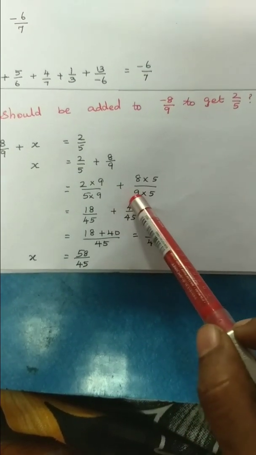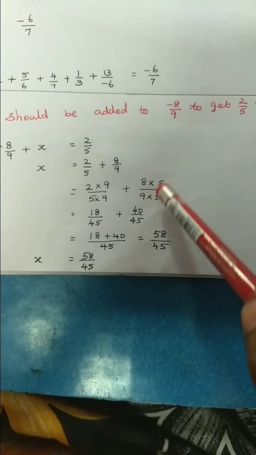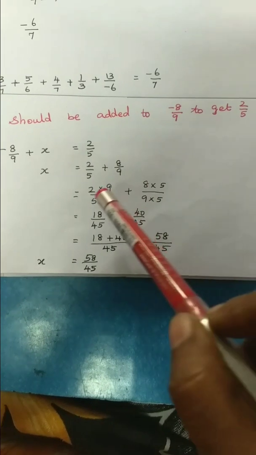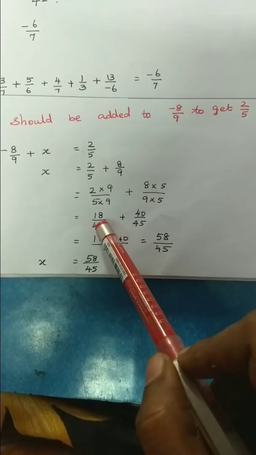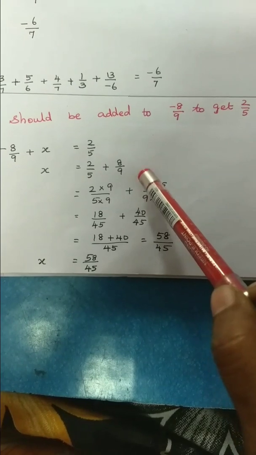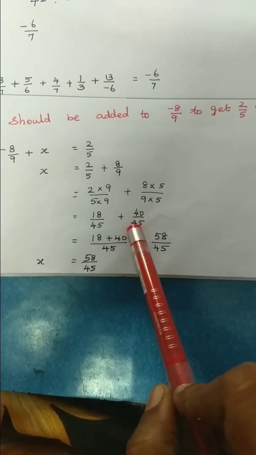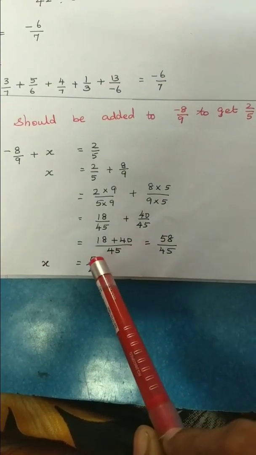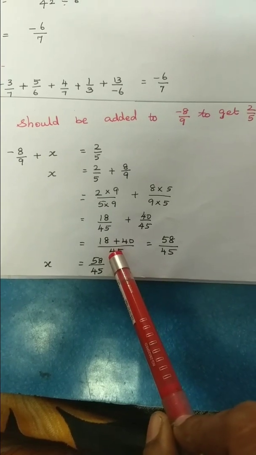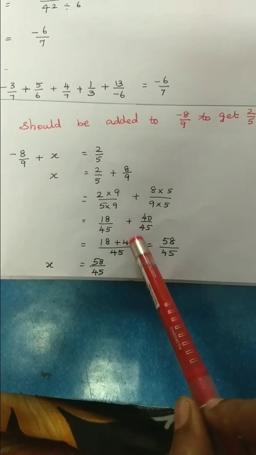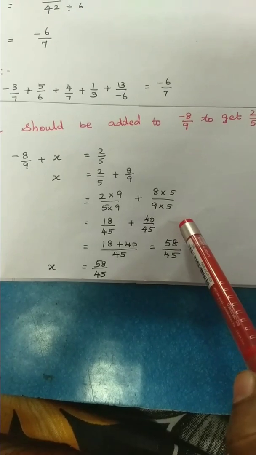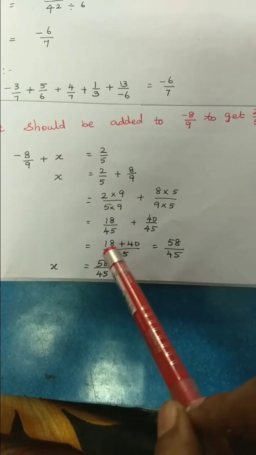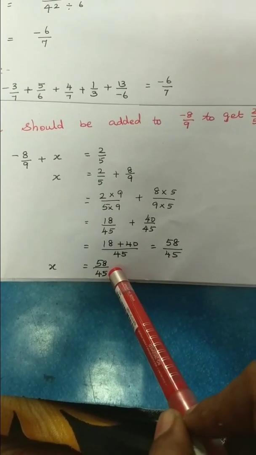Plus 9 5s are 45, so you are multiplying 5 to the numerator and denominator. Then it will come as 9 2s are 18 by 45, 9 5s are 45... 8 5s are 40 by 45. That is 18 plus 40, the same denominator 45, and add these two. It will come as 58 by 45. So x is equal to 58 by 45.